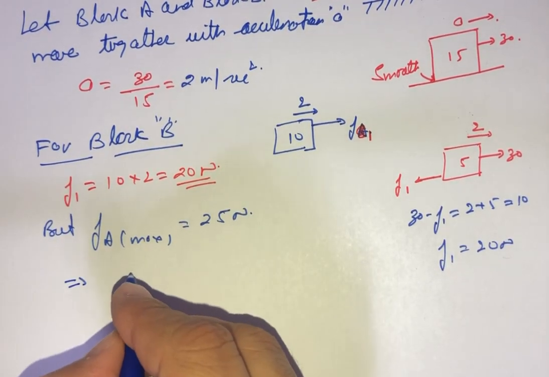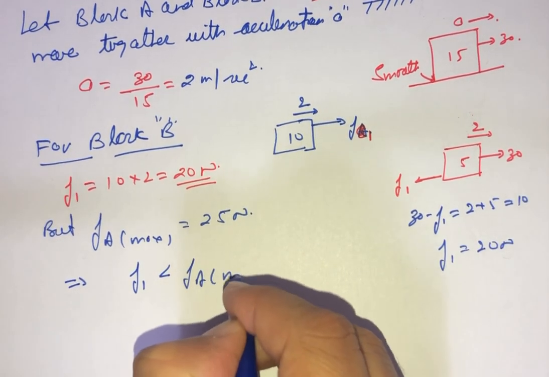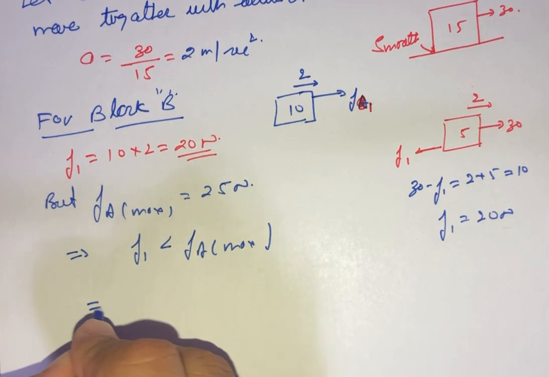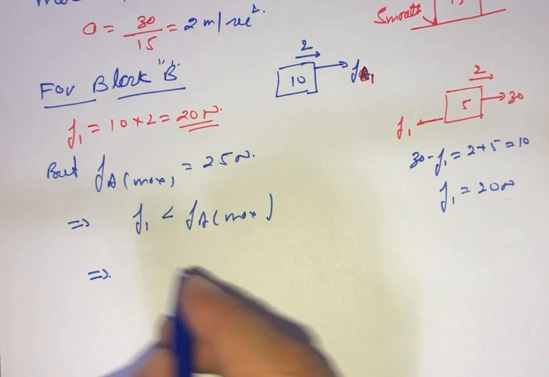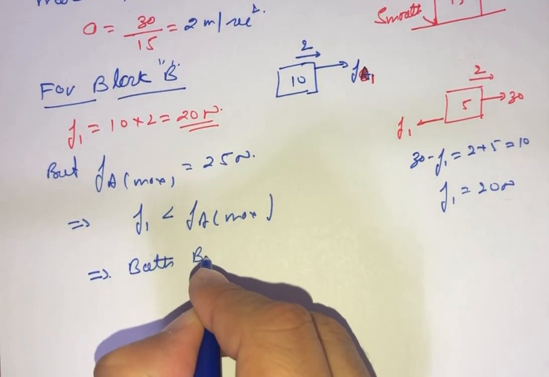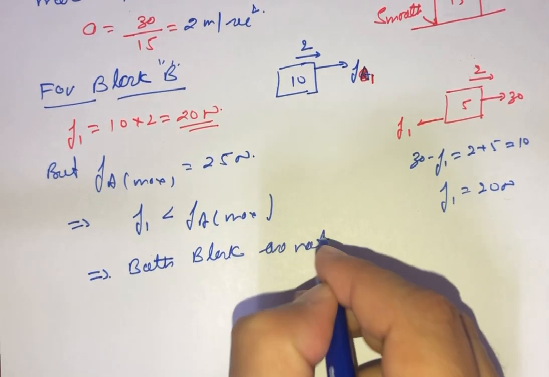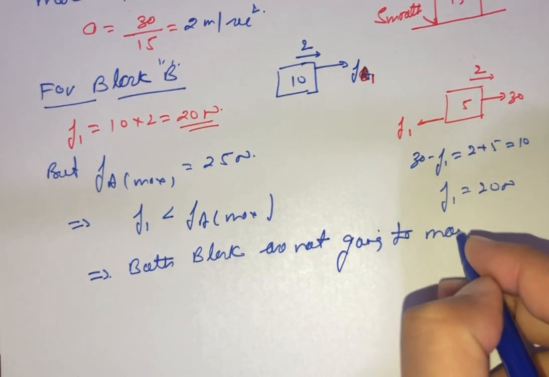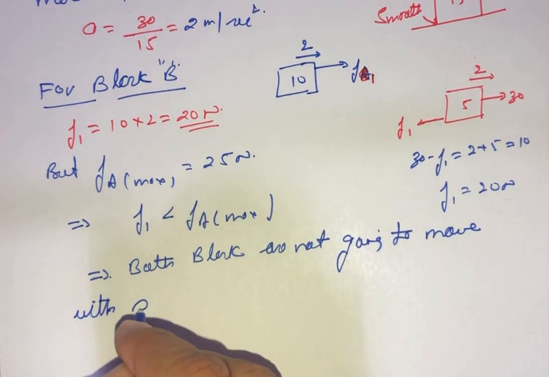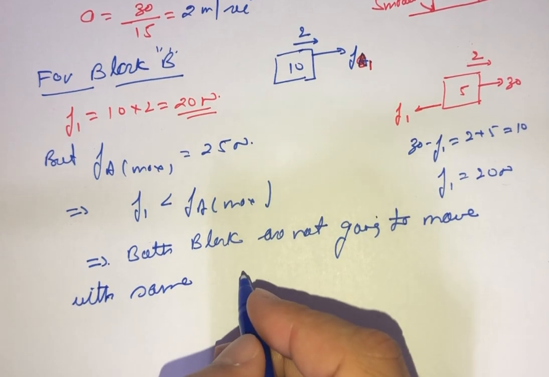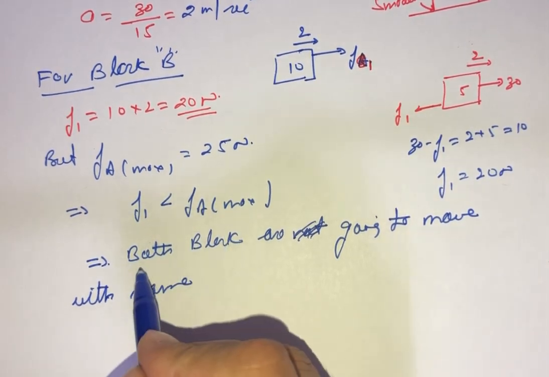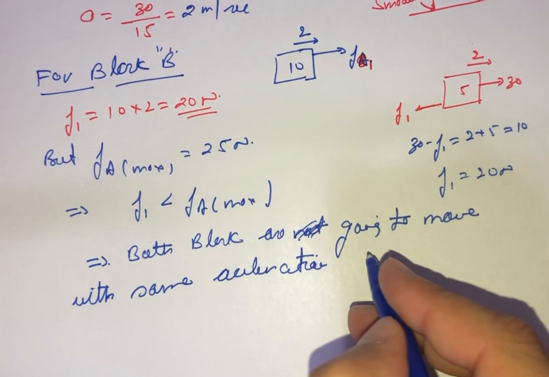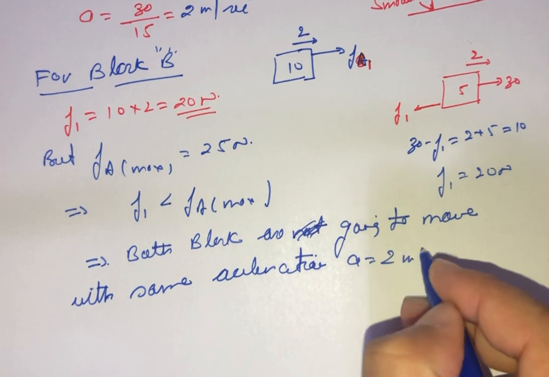So we can clearly see that our F1 is less than Fa max, and this clearly states that both blocks are going to move with the same acceleration, which will be equal to A, given as 2 meter per second square.